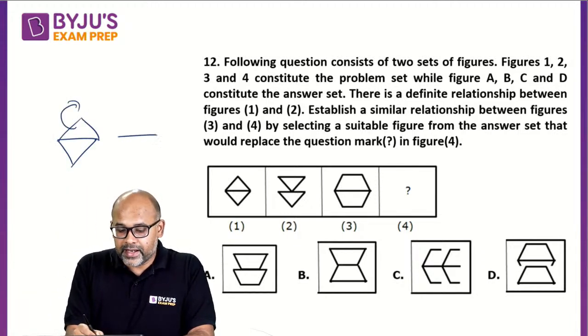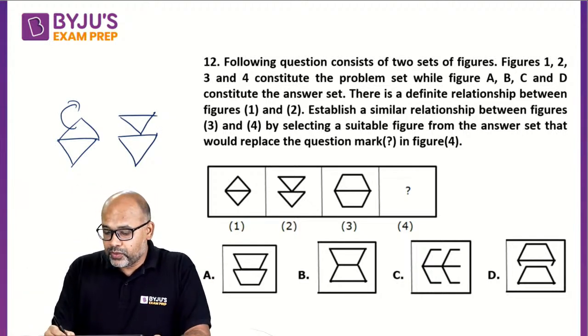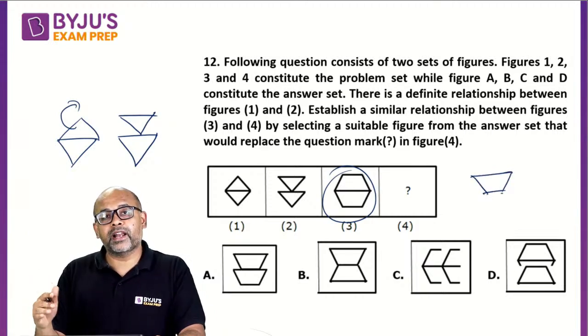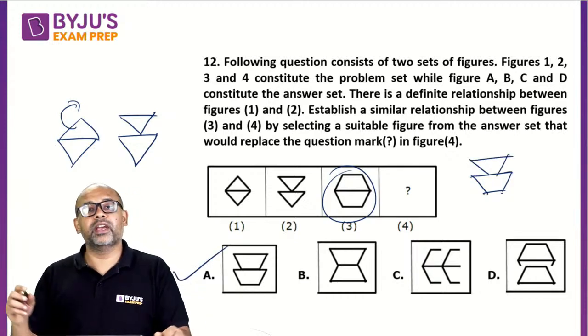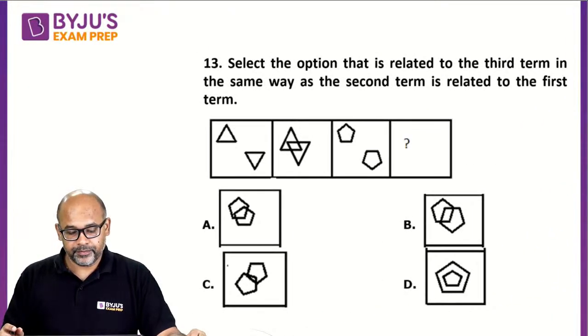This top one has taken out and it has been flipped. So the top part has been flipped. Same thing. You have a figure over here. Take out the top part and flip it. So when you flip the top part, you will get an image like this, which is your option A. Very, very simple questions. Let's take the next one.